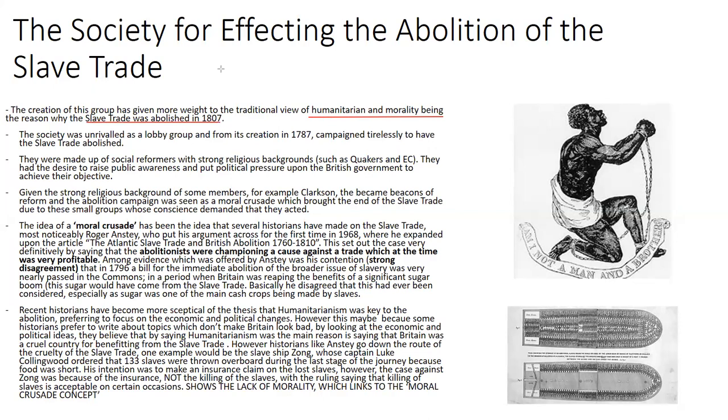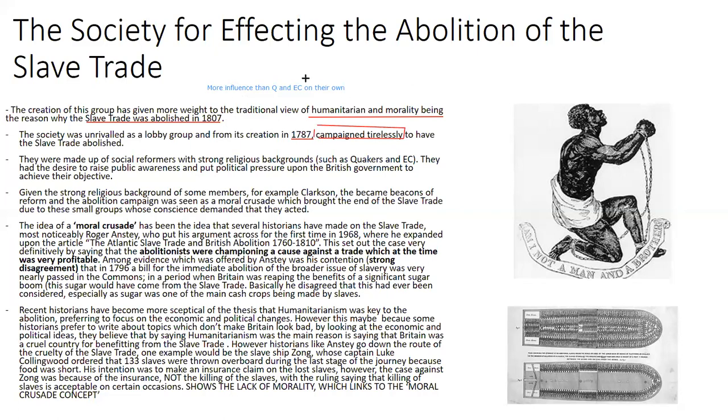So this group tends to have more influence than Quakers and evangelical Christians on their own. The society was unrivaled as a lobby group, and from its creation in 1787, they campaigned tirelessly to have the slave trade abolished. So they were created in 1787, and the key term here is they campaigned tirelessly.